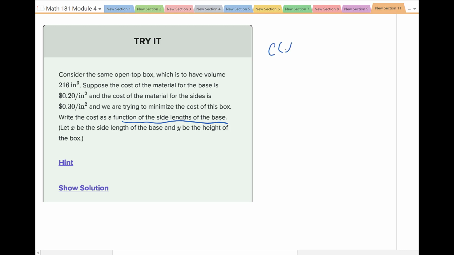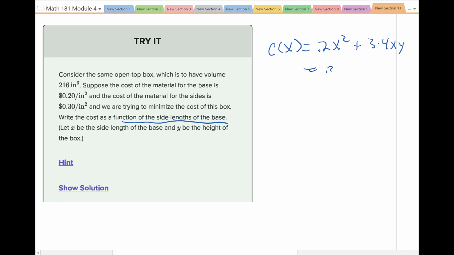So cost is going to be 0.2 times x squared, because that's the base, plus 3 times 4xy.